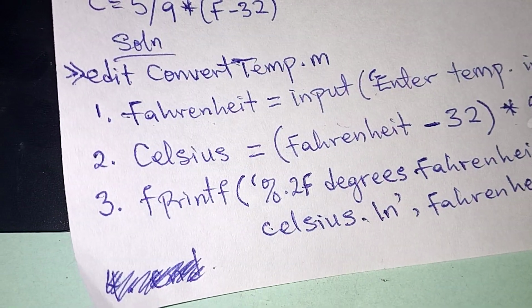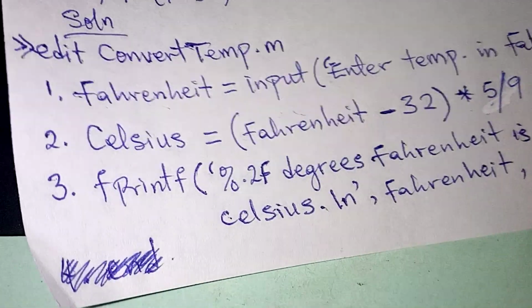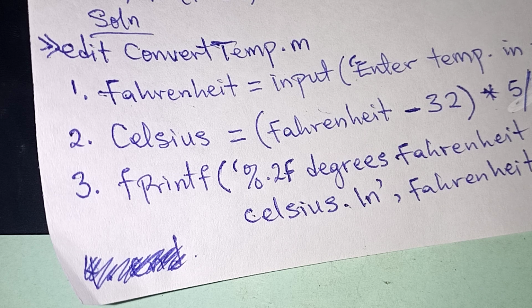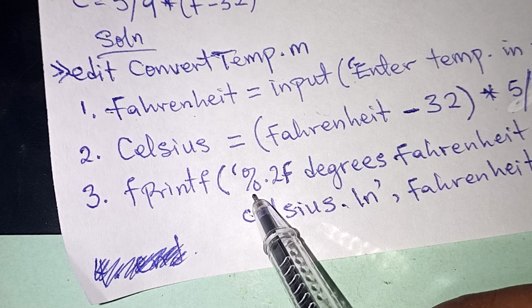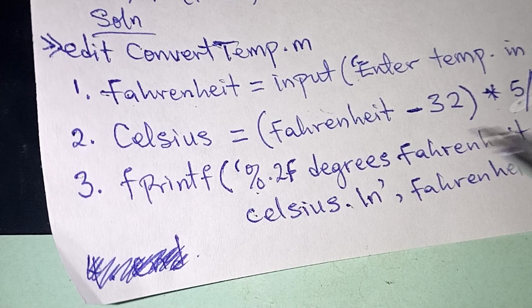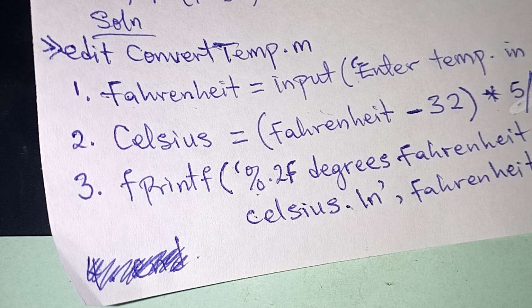Then this fprintf, which I told you is interesting. There are different ways you can represent it. You want the result to appear both in letters and in number. Now, this percentage sign you see here, remember this fprintf, you put it in bracket, then remember to put your quote because you want it to appear.